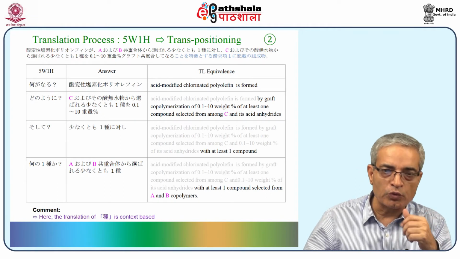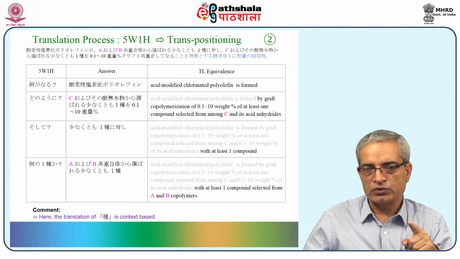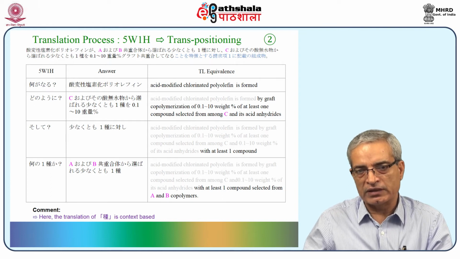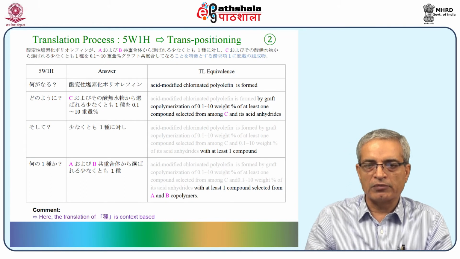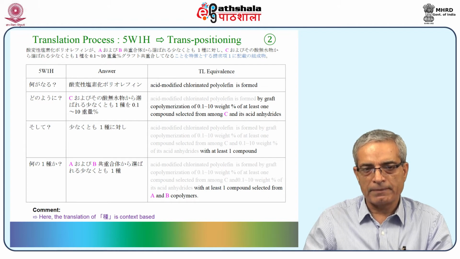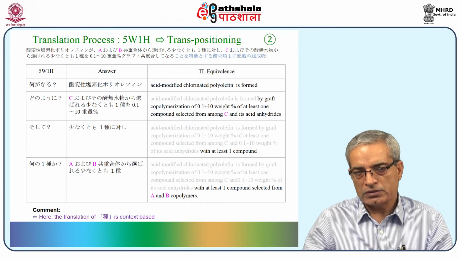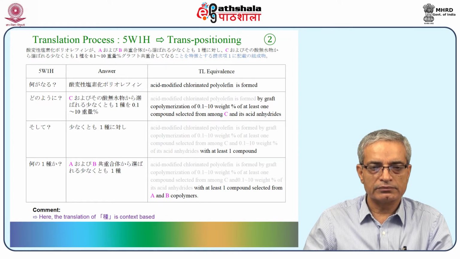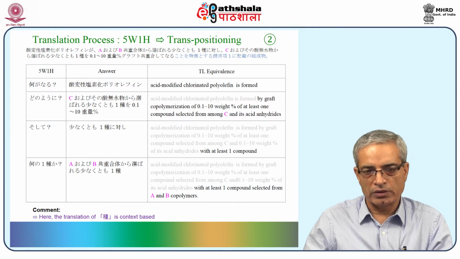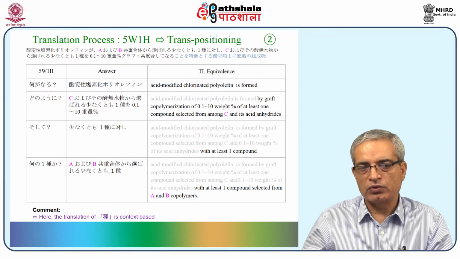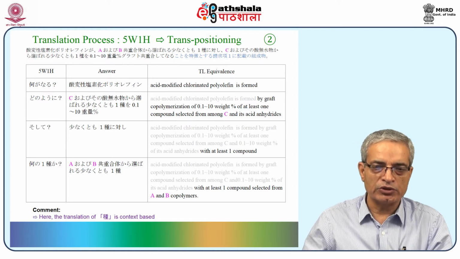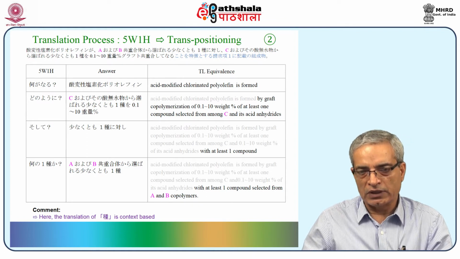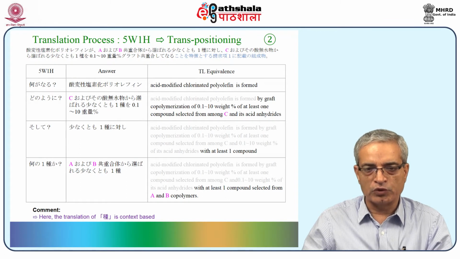By graft copolymerization of 0.1 to 10 weight percent of at least 1 compound selected from among C and its acid anhydrides. This compound we'll explain later. And then, with at least 1 compound. What is that 1? At least 1 selected from A and B copolymers. So with at least 1 compound selected from A and B copolymers.